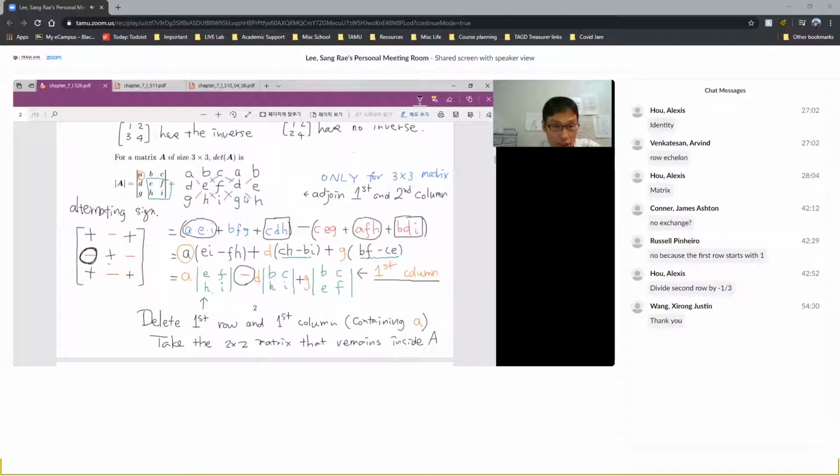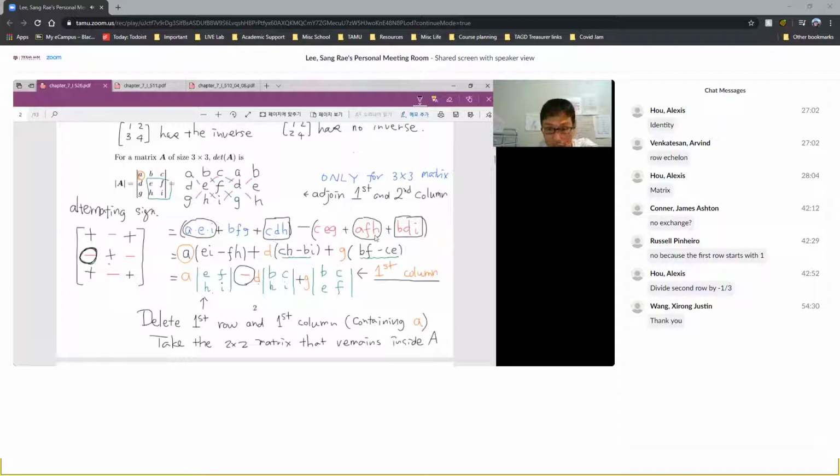And then you look at the diagonals containing A, E, I, and you take the product, plus another product, B, F, G, and then C, D, H, you add them up. And then you use 3 more diagonals to the left in red color. You take the product, and then we take the difference between the two sums. It turns out that this is the determinant of the matrix.